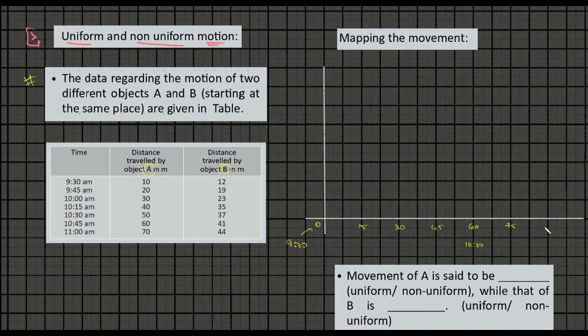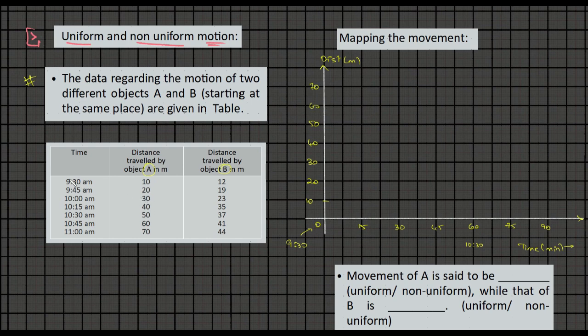Then this is 75 and this is 90. So this is time in minutes. This is distance in meters. So maximum is 70. So we'll go with 0, 10, 20, 30, 40, 50, 60, 70.